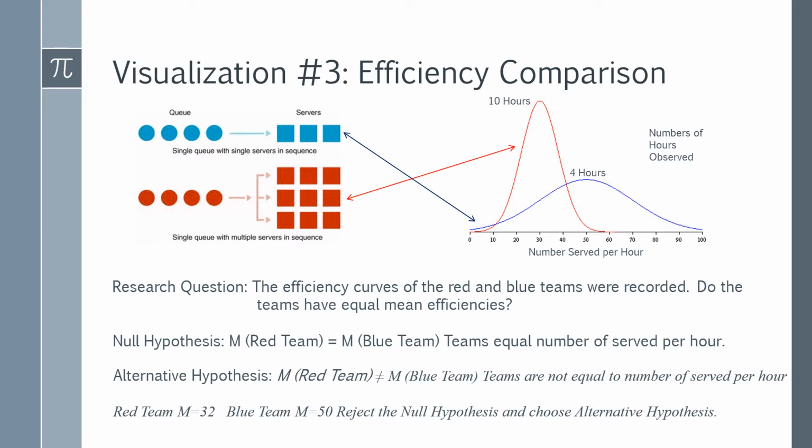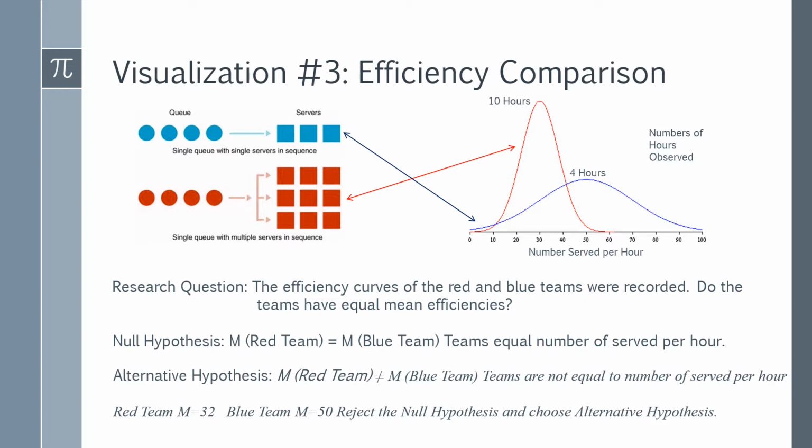So in my null hypothesis, is the mean of the red team equal to the mean of the blue team, and the teams equal number served per hour. And our alternative is the mean of the red team not equal to the mean of the blue team, and the teams are not equal in number served per hour.